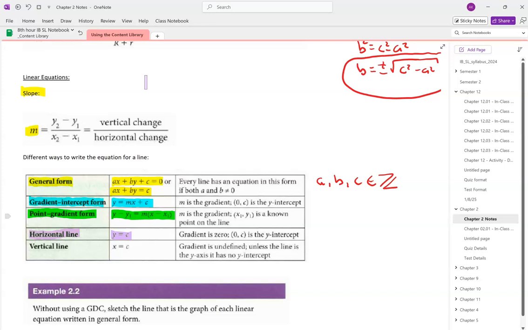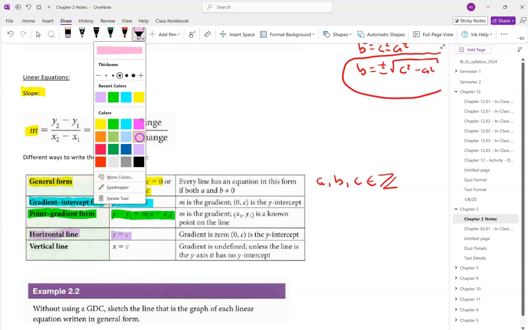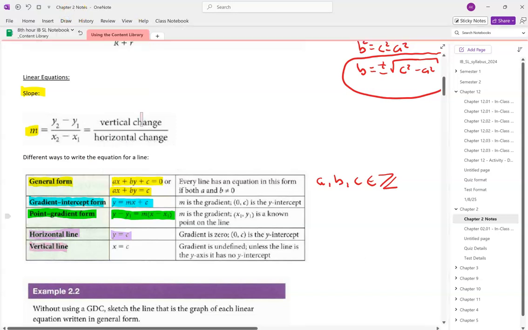See, I can't even do it. I'm stuck on my vocabulary. And then the other one is the vertical line form. This is usually the one that confuses students. This is just x equals c, so that every point on this line has x coordinate c.